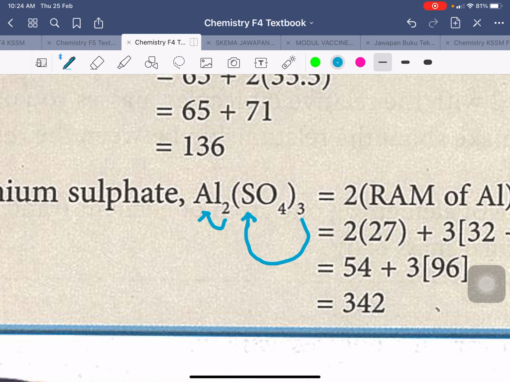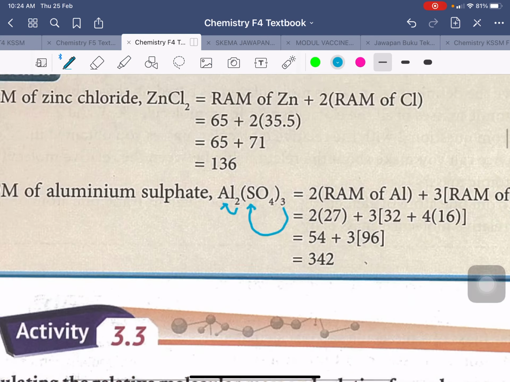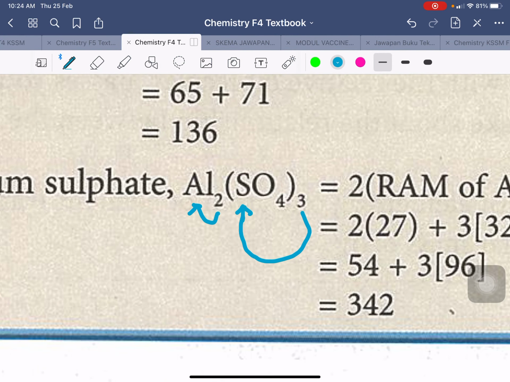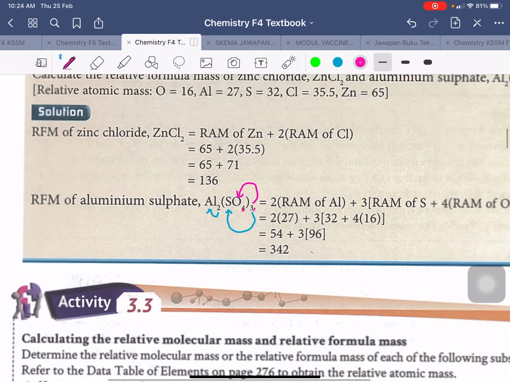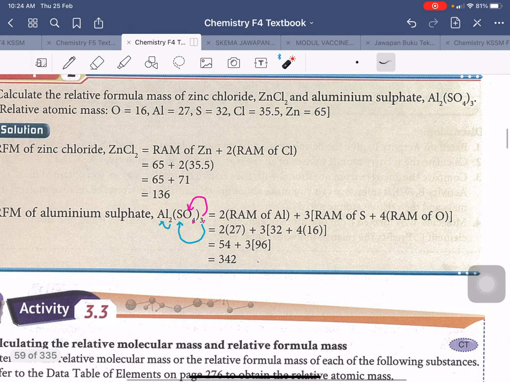Dan oksigen di dalam kurungan originally sudah ada 4 tau. Sudah ada 4. Tapi outside the bracket, di luar dia ada 3. So nanti kamu harus letak 3 darab dengan O punya RAM, darab lagi dengan 4. Maksudnya itu nombor-nombor kecil tu darab masuk. Macam matematik ba, matematik biasa.